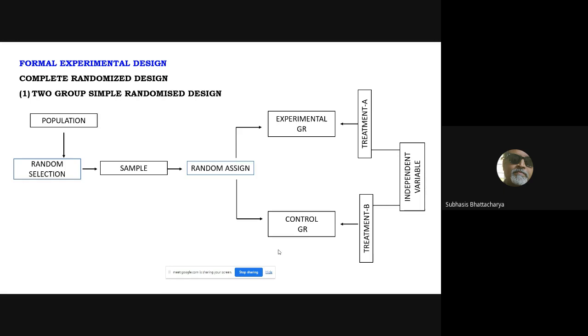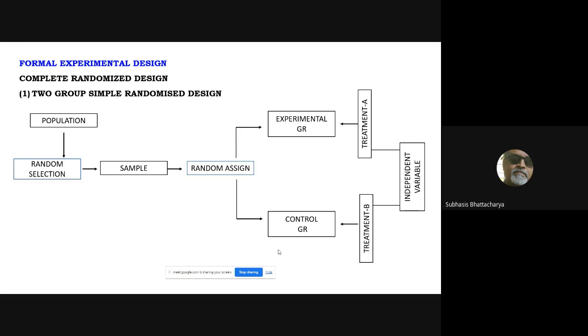Thus, such a design yields two groups as representative of the populations. Since in the simple randomized design the elements constituting the samples are randomly drawn from the same population and randomly assigned to the experimental and control groups, it becomes possible to draw conclusions on the basis of the sample applicable for the population. So the two groups in such a design are given different treatments of the independent variable.